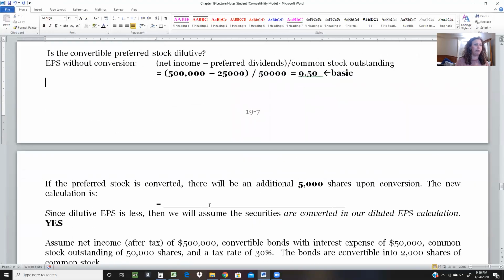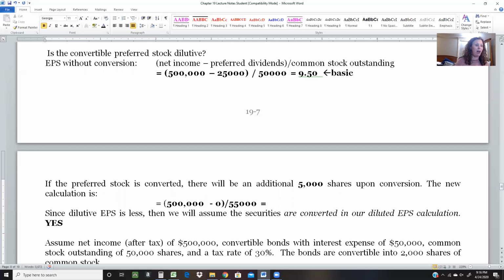So let's try that. If the preferred stock is converted, there would be an additional 5,000 shares. The new calculation is: my net income is still 500,000. And just to make sure that we know I'm doing it right, I'm going to subtract 0, because we wouldn't have to pay the preferred dividends anymore. And now in the denominator, I'm going to divide by 55,000 shares, because I used to have 50,000 common shares.